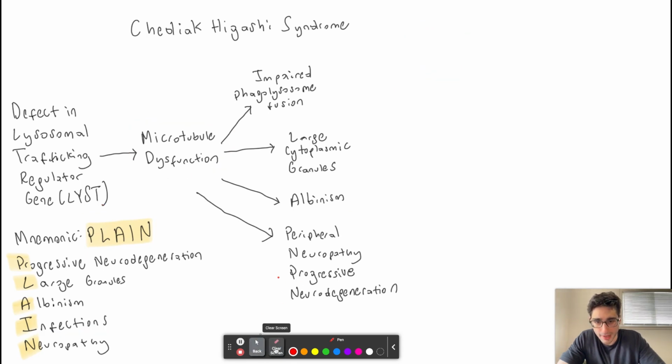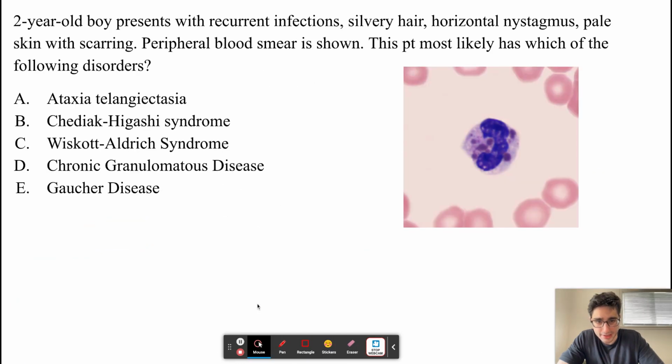If we were to go back and look at the picture, we see all these granules that are built up in this neutrophil. The cause of this is a microtubule dysfunction, and we're not able to send these granules to the periphery. As a result, this is a classic histological finding of Chediak-Higashi syndrome.